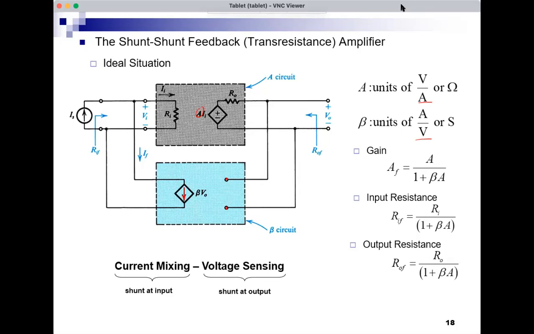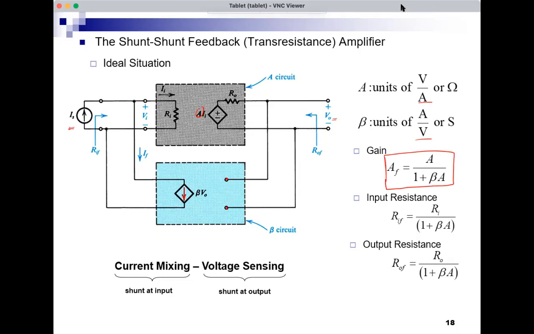We can show from this circuit that with the input being a current, output being a voltage, with current mixing, voltage sensing, we can reach the same equation. So this gain equation is always consistent.